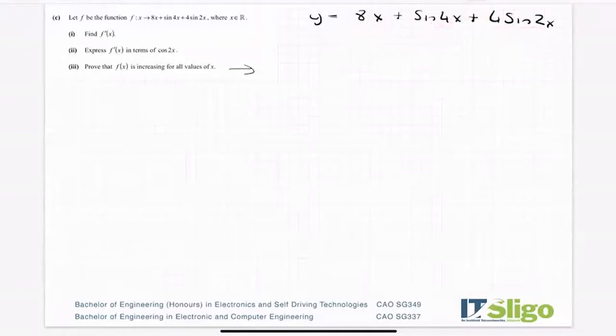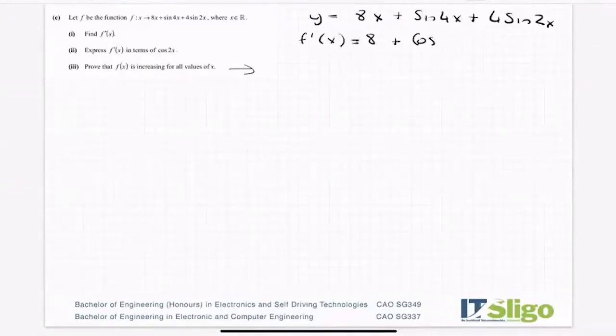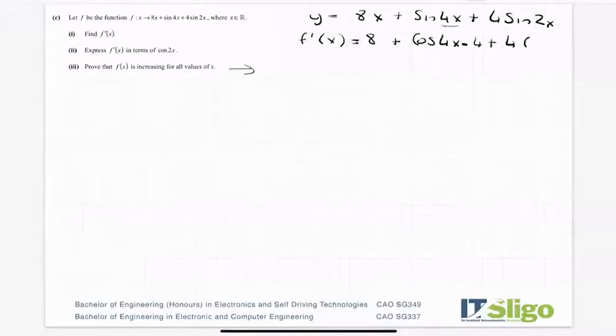So f dash of x, and I always have a close look to make sure that it's f dash and not f double dash. Differentiate 8x and you get 8. Differentiate sine 4x, so sine goes to cos, I get cos of the angle by differentiating the 4, plus 4. What does sine go to? Sine goes to cos again, cos 2x by the 2.